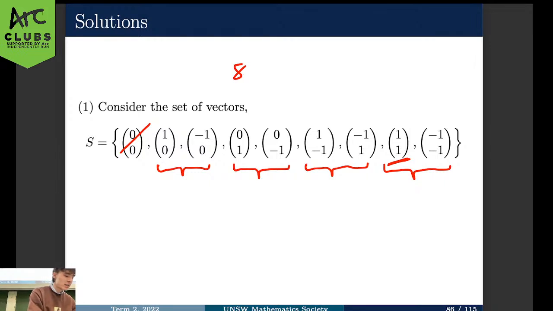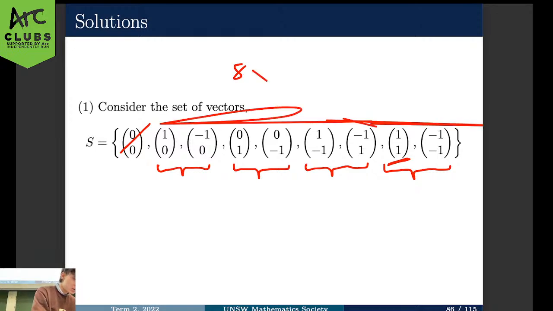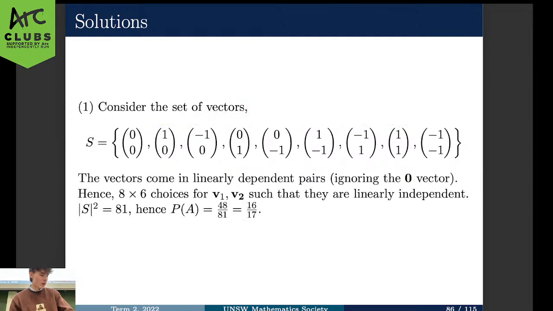So that gives us 6 choices for the second vector. So now this should just become 8 times 6 equals 48. So now the probability should be 48 over 81, which gives us 16 over 27. And that's our answer for part 1.